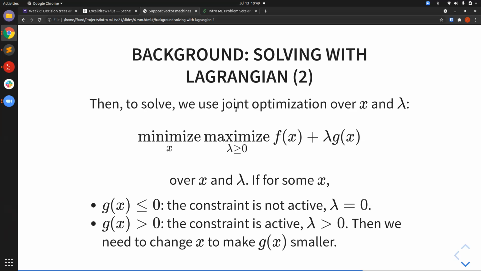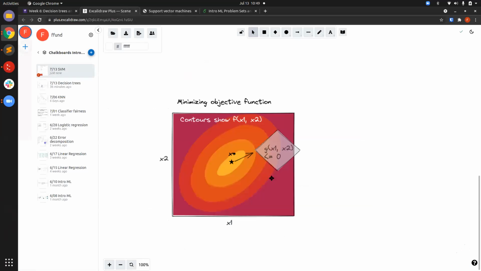And the lambdas must be greater than or equal to 0. We first maximize this quantity by maximizing over lambda, and then we minimize this quantity by minimizing over x. What does that mean? Let's look at two examples.